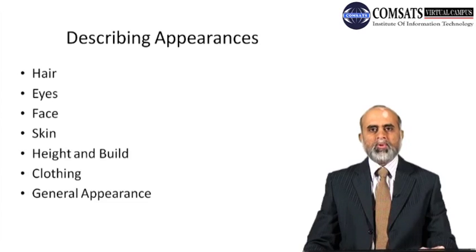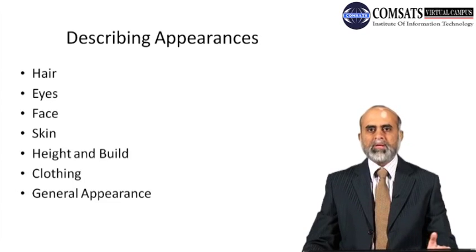All right, so what do we do when we describe hair? What kind of vocabulary do we use when we talk about someone's hair? There could be different colors of hair. Hair could be brown, red, white, black, and they could be blonde. Blonde is a common word for the color of hair.